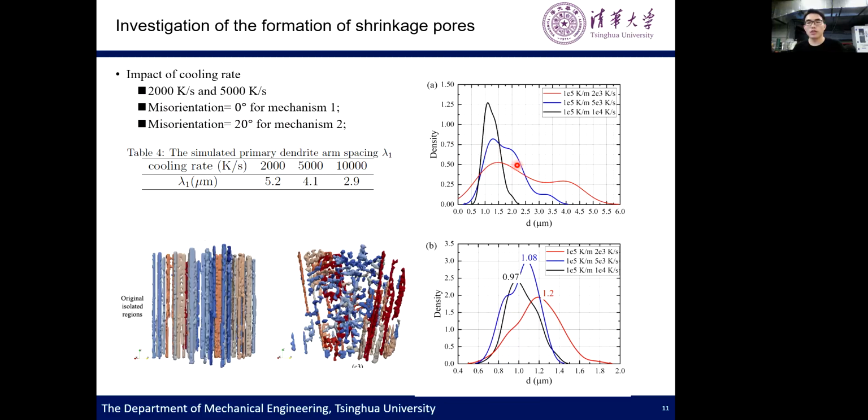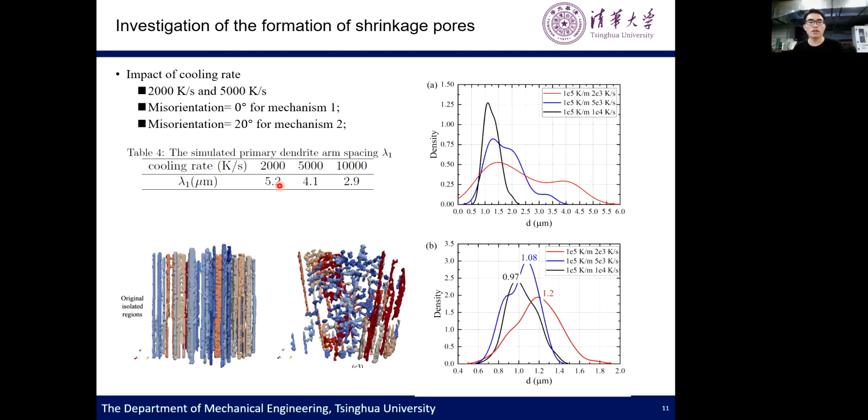And we found that as we decrease the cooling rate, the size of the pipe-shaped region and also the isolated region caused by mechanism 1 and mechanism 2 both increase. We then see the simulated primary dendrite arm spacing, which is also the size of the dendrites.